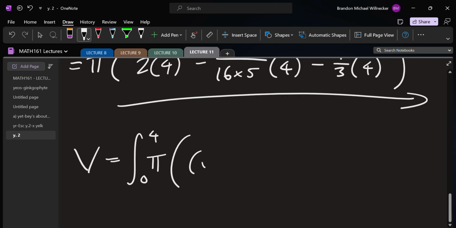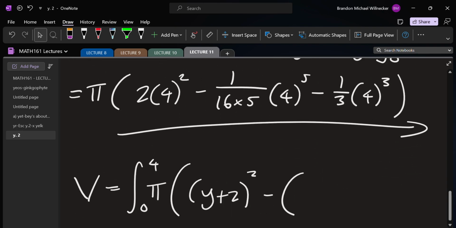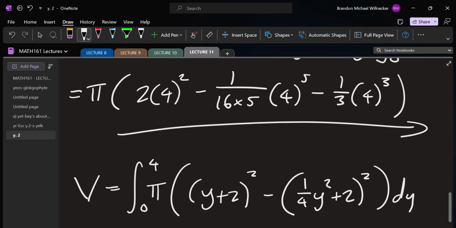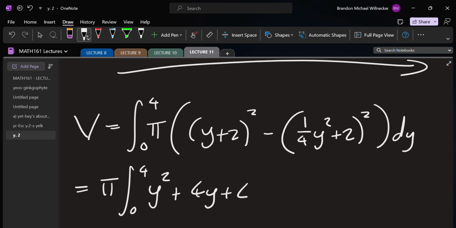Okay, let's just do that again. So we have the volume is the integral from 0 to 4 pi. Okay, r out is y plus 2. Okay, minus, and then r in, we had 1/4 y squared plus 2, dy. Okay, so this is going to be pi integral from 0 to 4 y squared plus 4y plus 4.